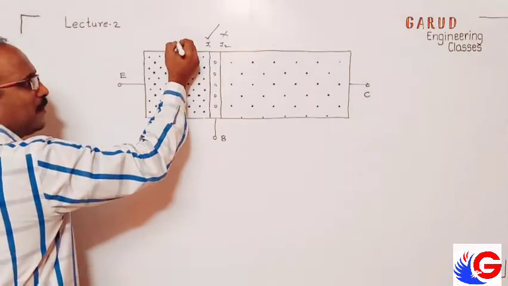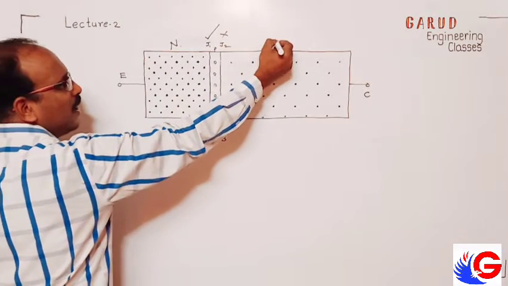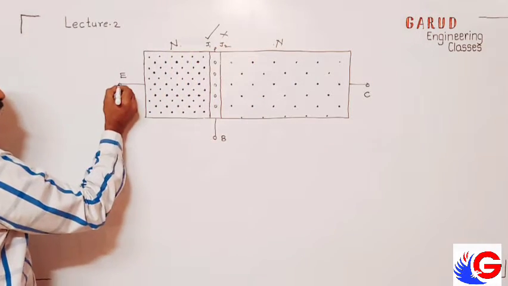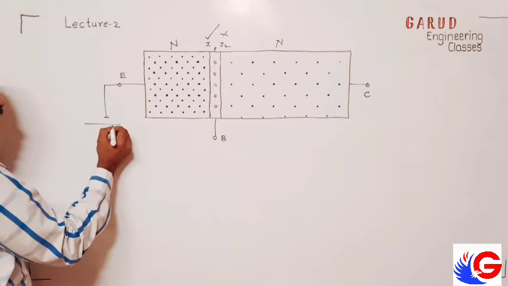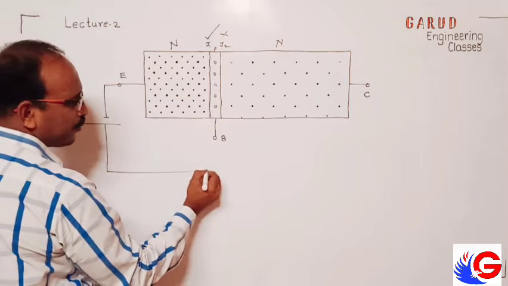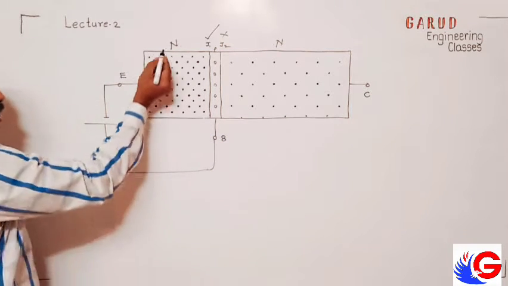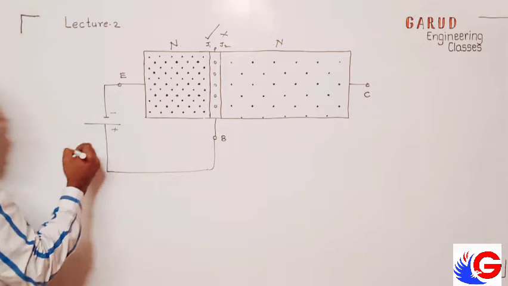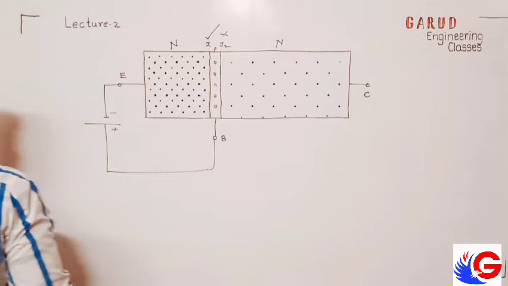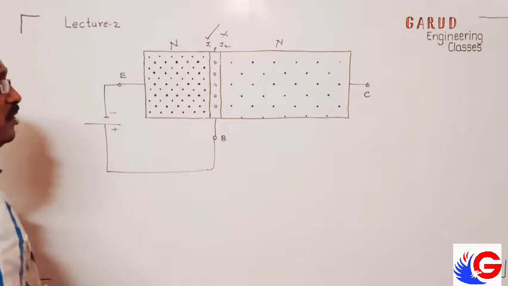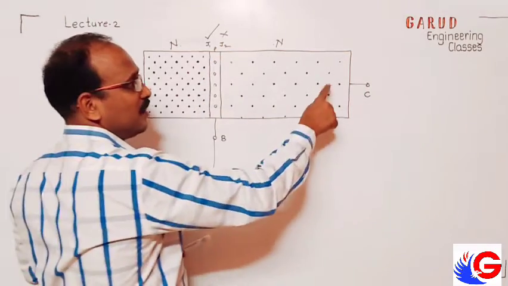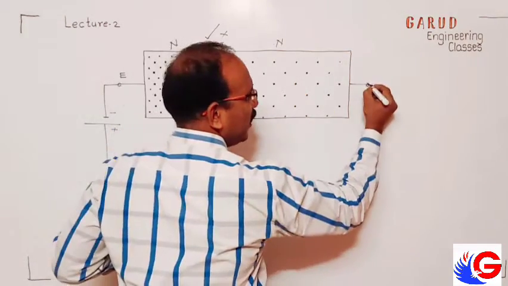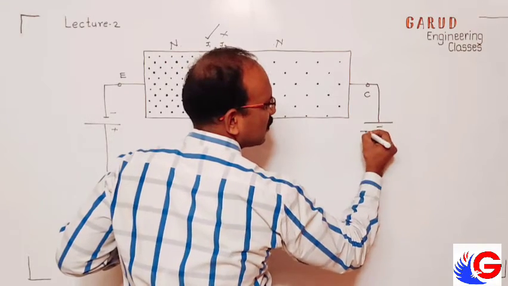This is n-type, this is p-type and n-type. So for forward bias, negative to this, N to the N. Okay. This junction should be reverse biased. It is N, so we have to maintain positive like this.